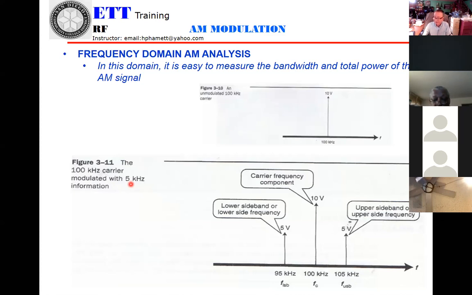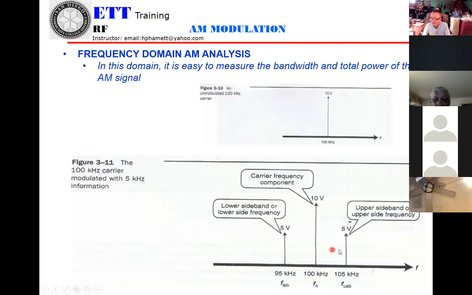Okay? So in the display, first they display the carrier at 100K. Okay? And the amplitude will be 10 volt for the carrier. However, you don't see any 5 kilohertz in here.